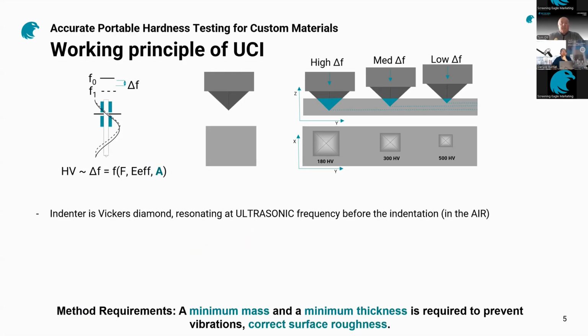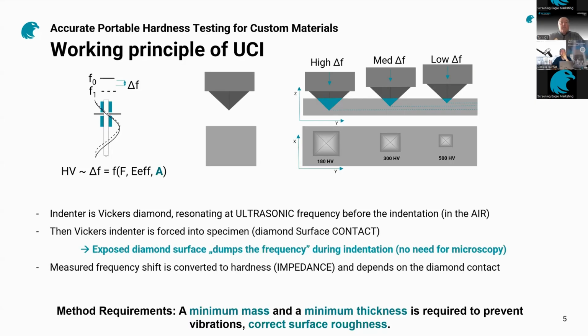The Equotip is measuring and monitoring that frequency as we make our indentation into the test material. The user presses the probe into the surface, and as that diamond indenter makes its way penetrating the surface, the frequency of vibration is shifted because of the contact between the diamond and the specimen material.